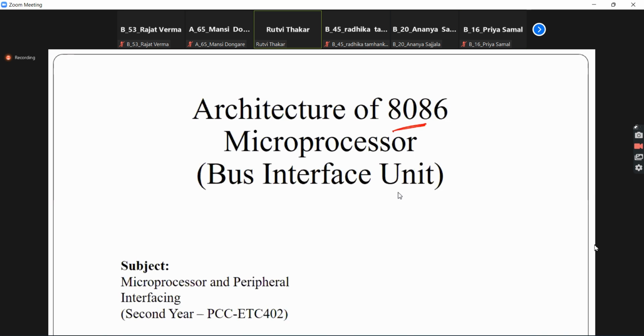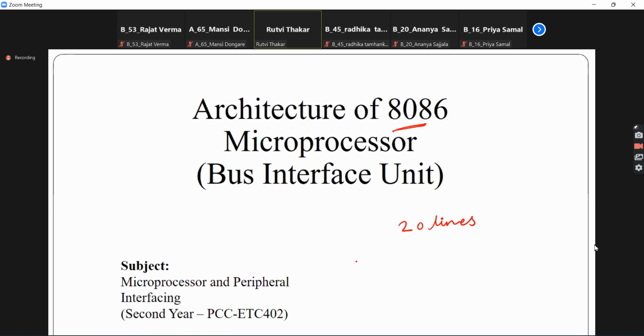Okay, so now simple: if I have 20 lines in my microprocessor, what is the total memory of 8086? We need to find that. There is a direct relation between the number of address lines and the memory.